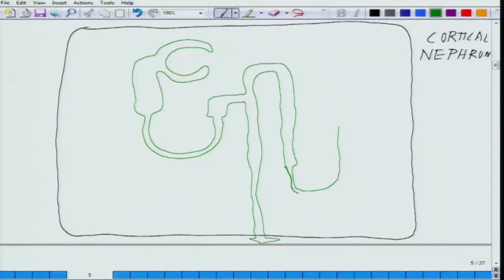You see, this is a very convoluted tube. It is changing shape and size and all other things.